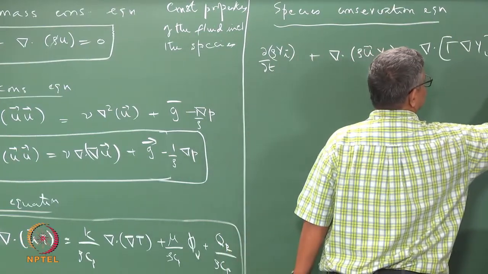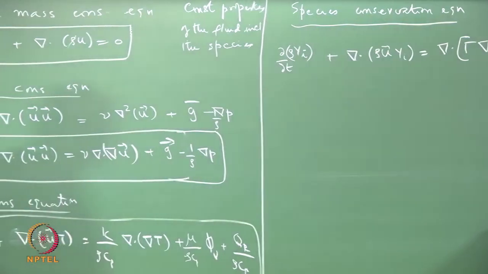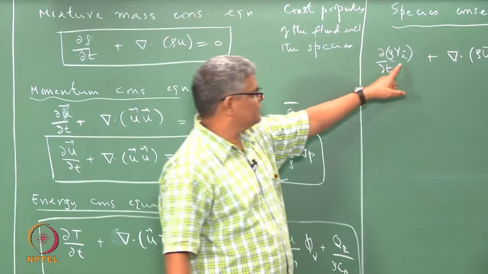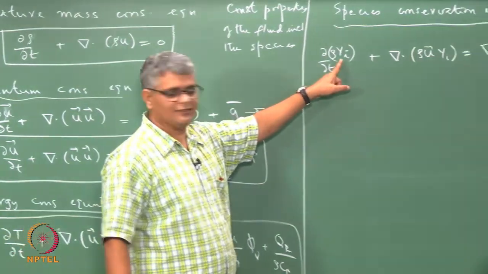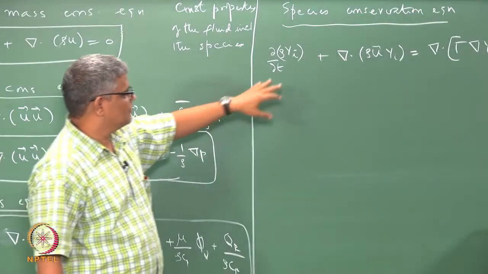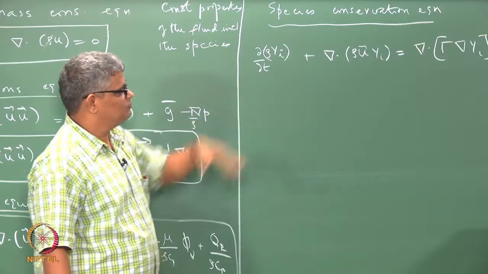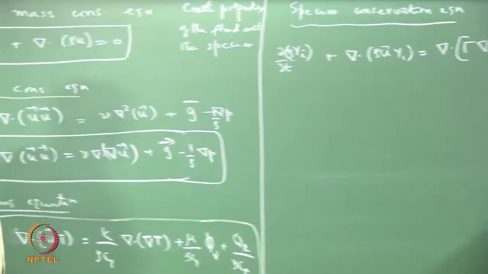plus S i, and what the subscript i here indicates is the species, for example Ya, Yb, Yc and so on, or Y oxygen, Y carbon dioxide, Y steam, those types of things.